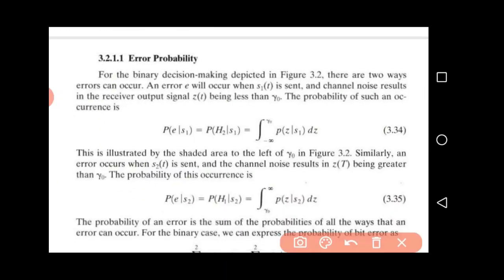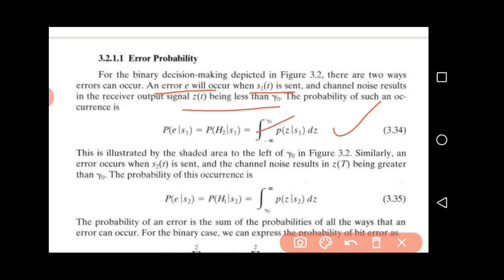For the binary decision making, which was depicted in figure 3.2, there are two ways errors can occur. An error E will occur when S1(t) is sent and channel noise results in the receiver output signal Z(T) being less than gamma 0. The probability of such an occurrence is P(E|S1) equal to P(H2|S1), which will be equal to the integration from minus infinity to gamma 0 of p(z|S1) dz.